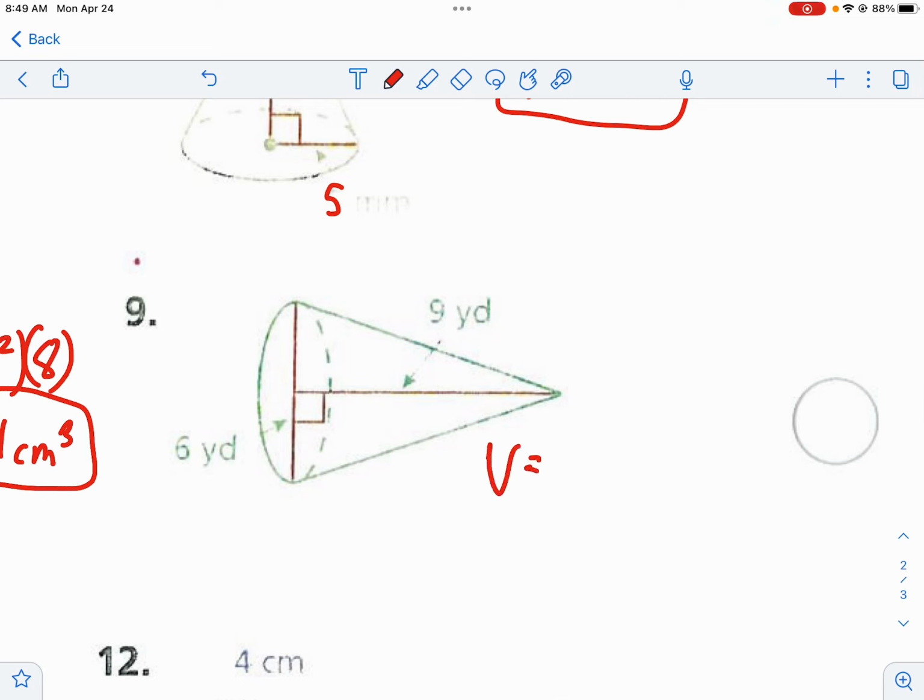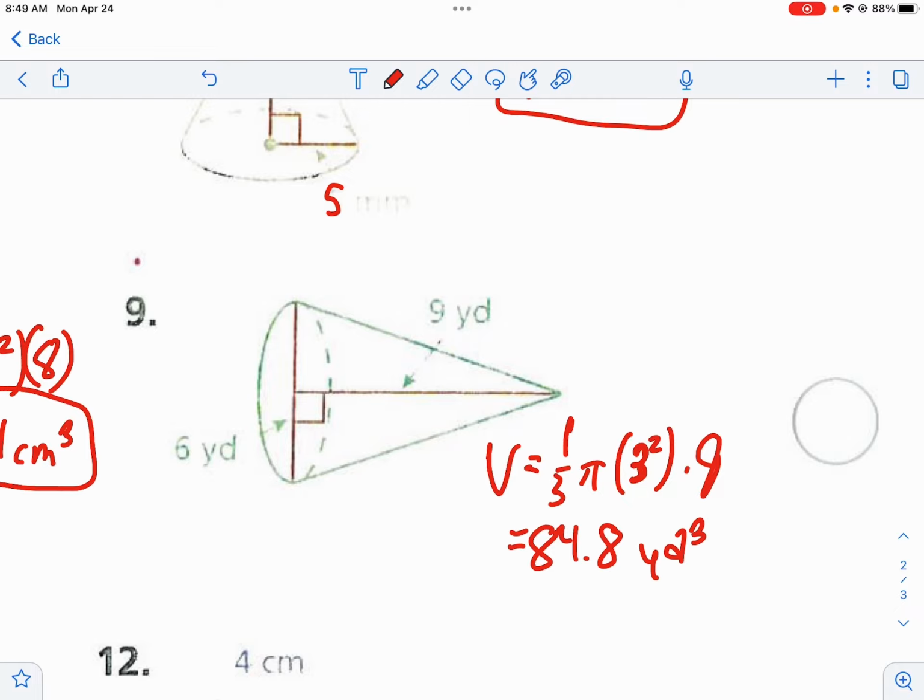Number 9, same thing, 1/3 pi, radius of 3 this time, times the height of 9. So let's see. That's 84.8 yards cubed.